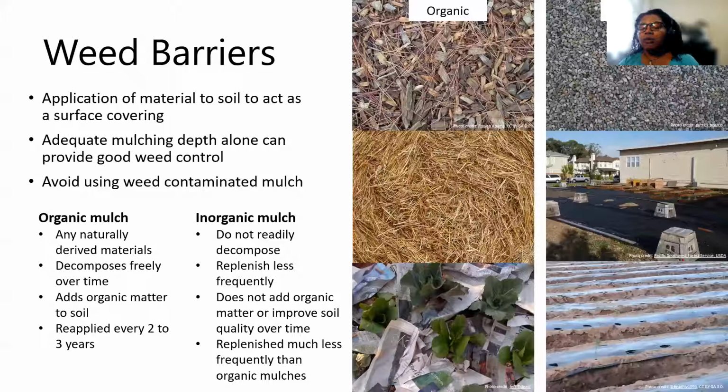And when replacing old landscape fabric, which you will have to do as it degrades and breaks apart, it's typically a bit more difficult to replace once it's in an existing planting. So I tend not to really like landscape fabric in a garden setting, especially if you can put down straw mulch or something else.